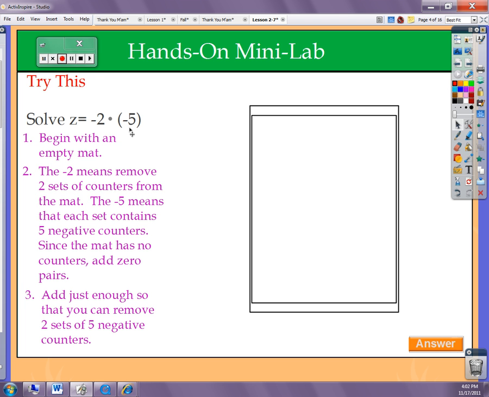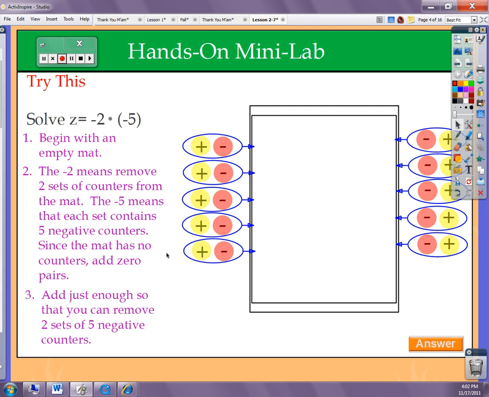The negative 5 means that each set contains 5 negative counters. Well, right now I have nothing on the mat, so therefore I cannot remove 2 sets of negative 5 because there's nothing there. Instead, since the mat has no counters, I must add 0 pairs until I can visually represent the negative 2 group, or remove 2 groups of negative 5.